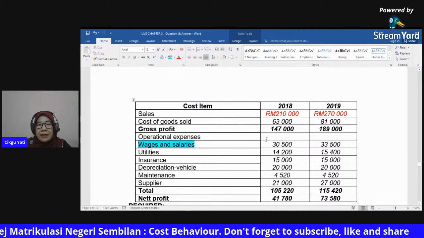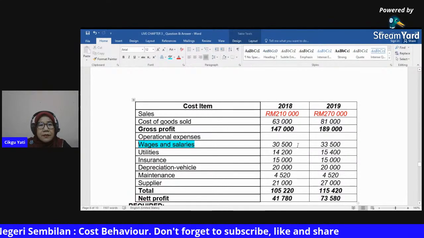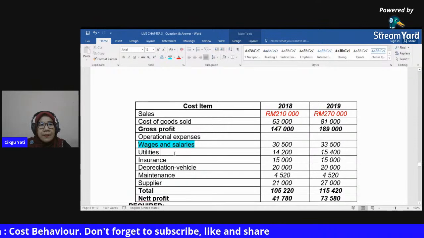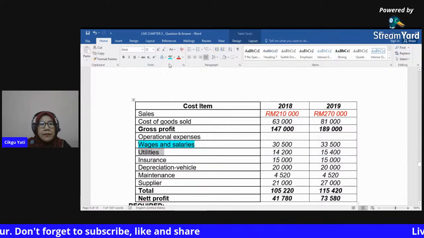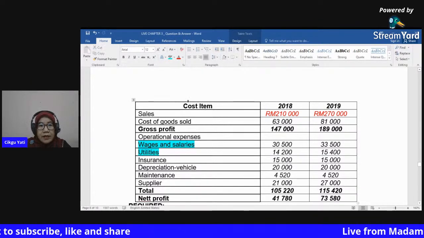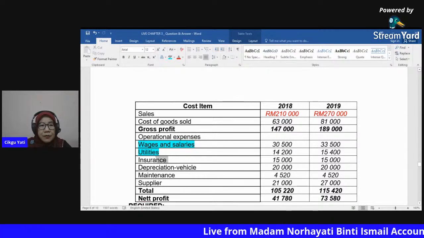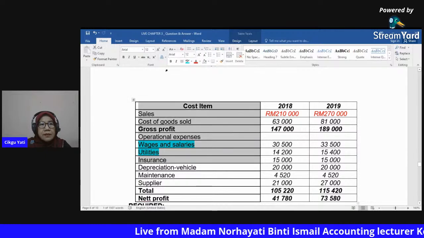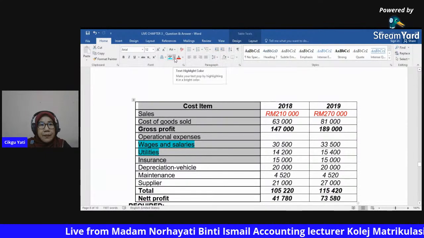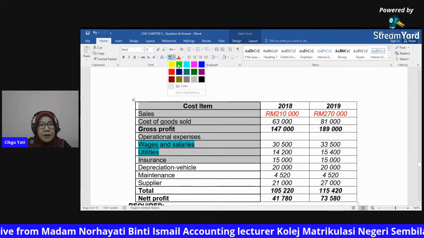Okay, you can see the item is increasing. Okay, utilities. Okay, insurance. Okay, you can see the insurance, the amount is, okay, I take this card.